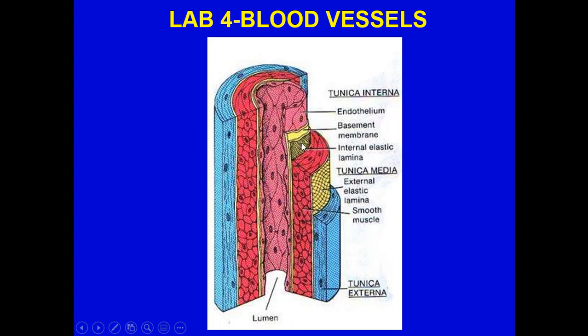Then you have an internal elastic lamina and an external elastic lamina. Sandwiched between them is smooth muscle. This makes up the tunica media. Then you come to the tunica externa, which is more connective tissue, basically to cover and contain the arteries.